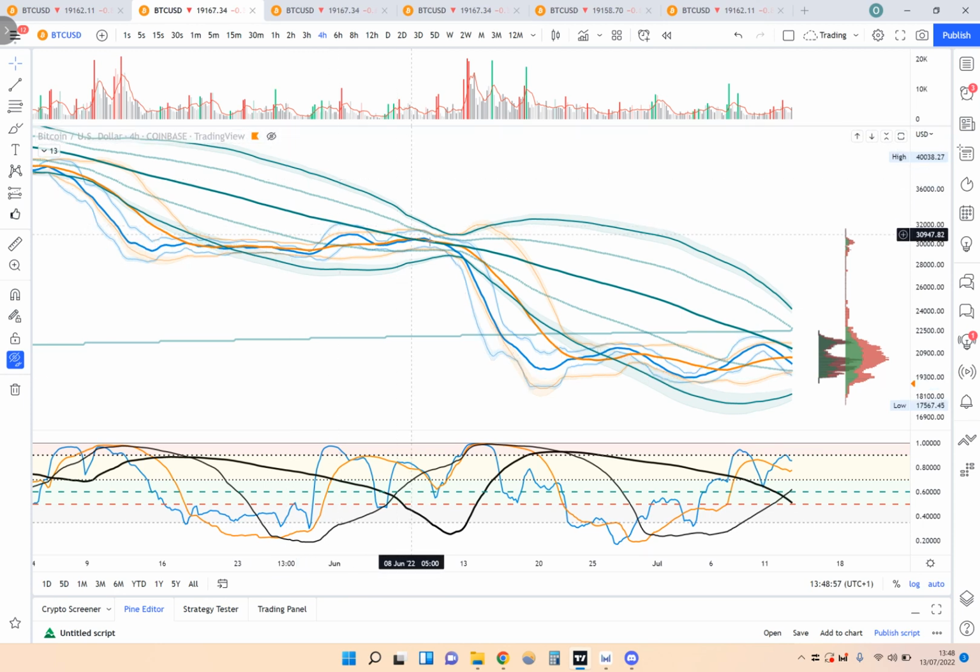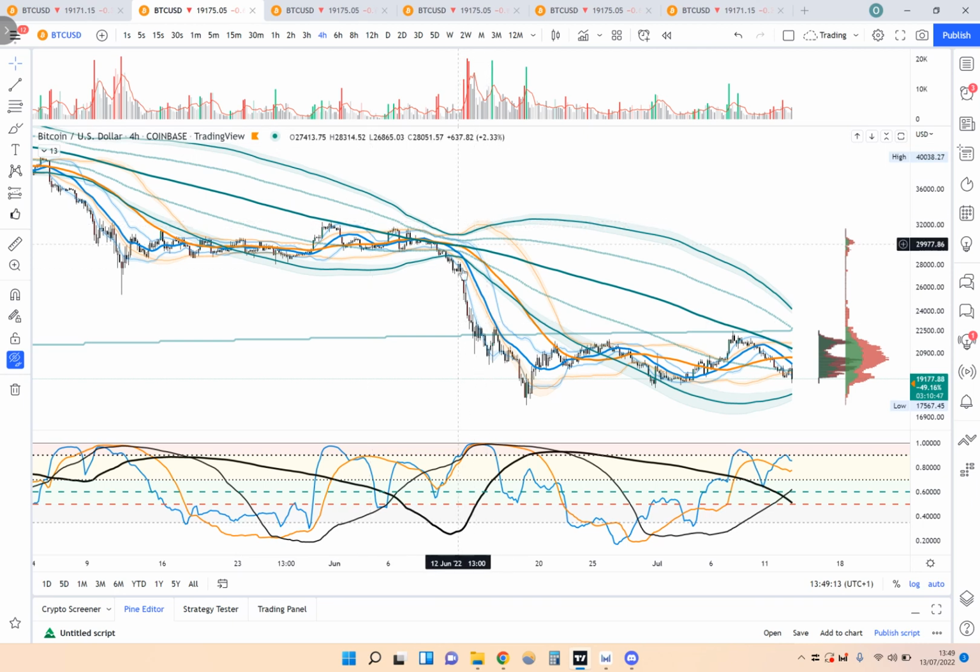And likewise, when the data sets converge on the mean of the longer term one, so the orange and blue converge on the green, and then when they start to move outside again, that is indicating periods of trending.